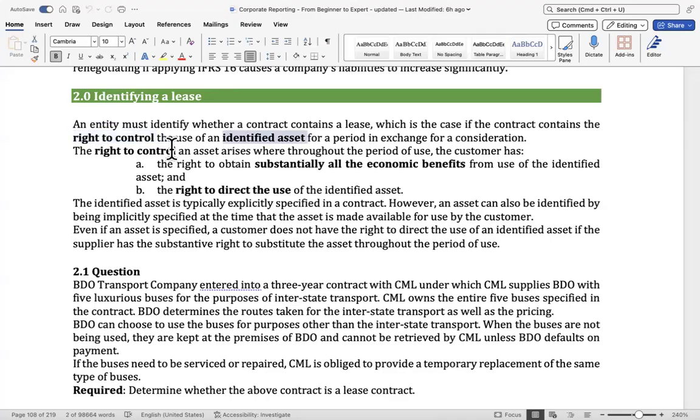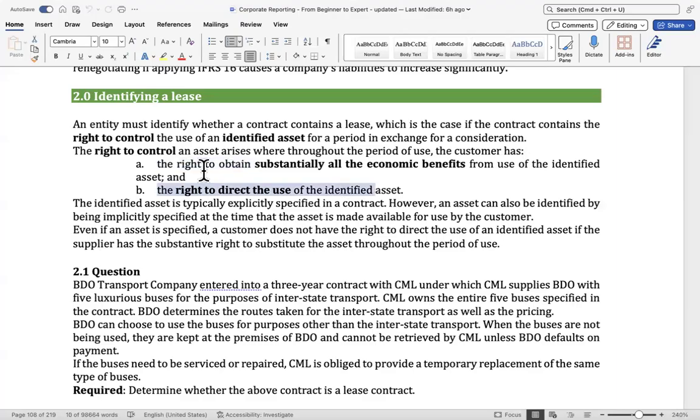And right to control is usually indicated by having the right to obtain substantially all the economic benefit from the use of the identified asset and the right to direct the use of that identified asset.